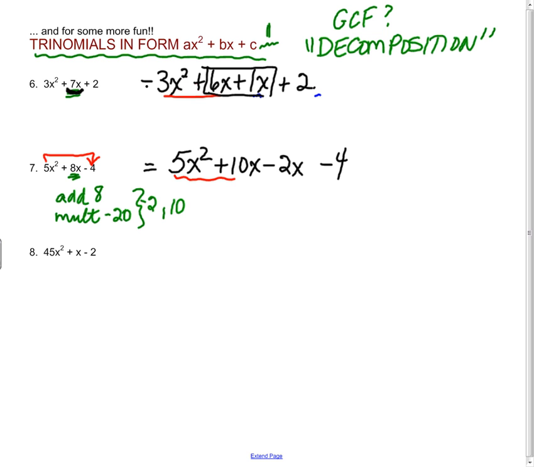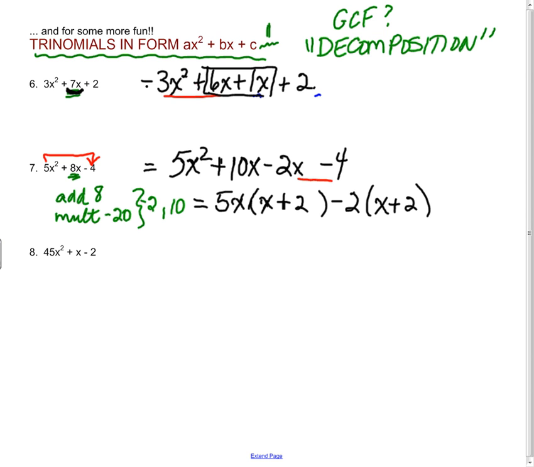First two, and then second two. So looking at the first two, I have a greatest common factor of 5x. In the brackets, I would write x plus 2, do a quick mental distributive law, checking that this and this would give you these two terms above. The second two terms have a greatest common factor of negative 2, x plus 2.